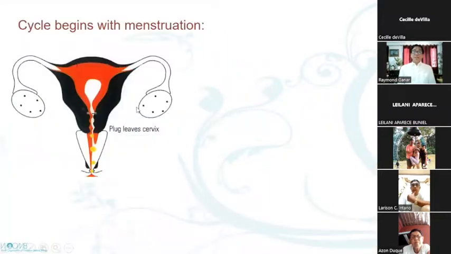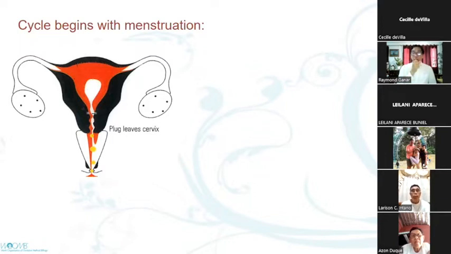So the cycle begins with menstruation. If you will look at the PowerPoint presentation, you will have there the diagram wherein the endometrium lining is being shed or being dislodged. So the cycle begins with a menstruation. And during the days of menstruation, the plug leaves the cervix.